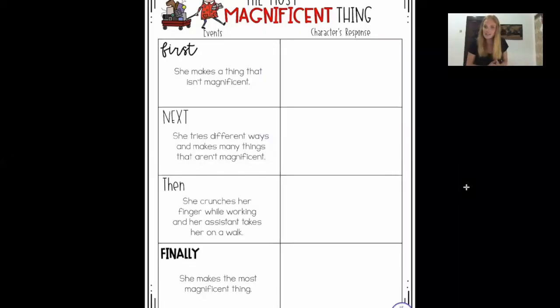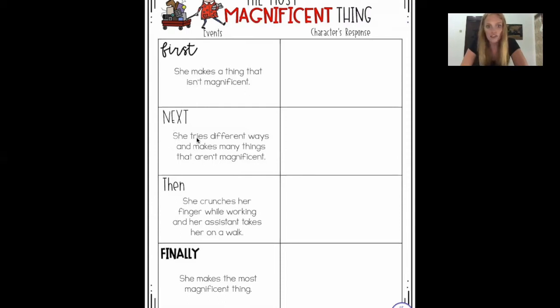Okay, so this is going to be the main worksheet. The most magnificent thing on the left side, we have events. What happened in the story? Because we just did a review of this. So first, she makes a thing that isn't magnificent.